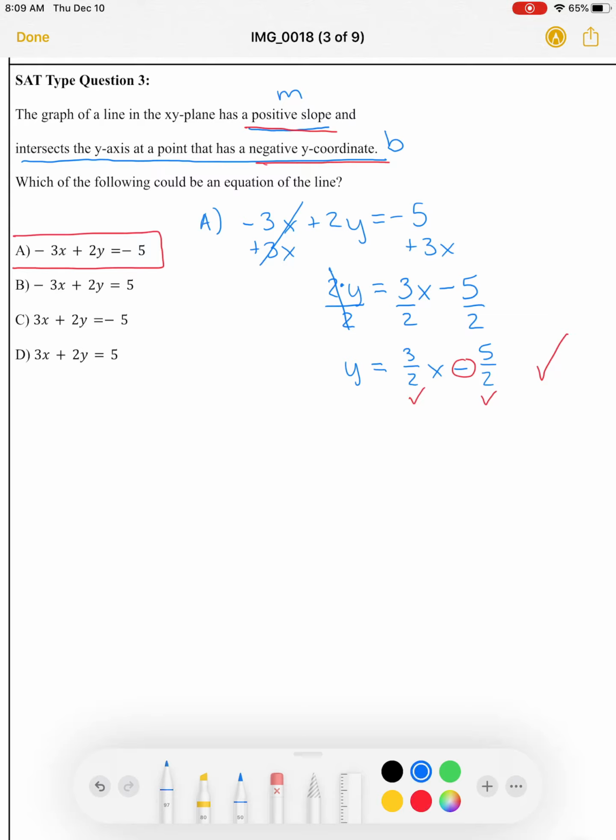However, if you didn't know that right away, we could convert B, C, and D, just like we did with A, into slope-intercept form. I'm going to take a moment to do that to talk through why B, C, and D are not the answers.